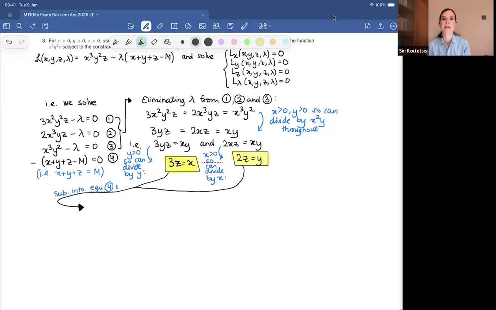Now, x is 3z. Y is 2z. And so we can now solve for z.